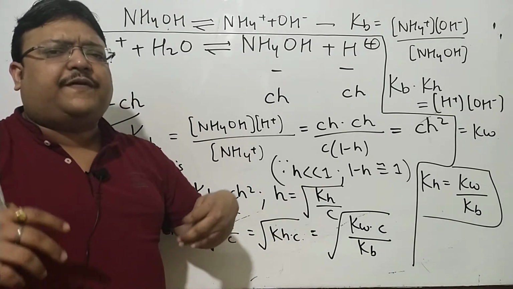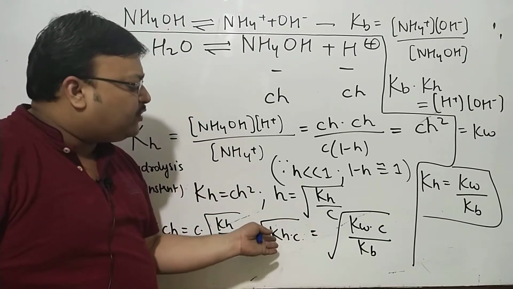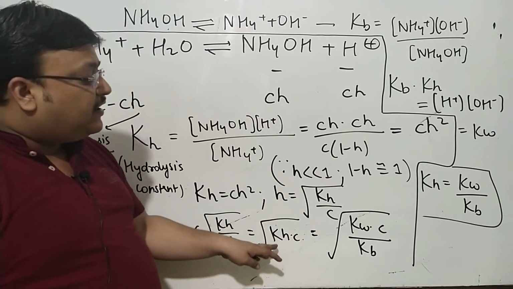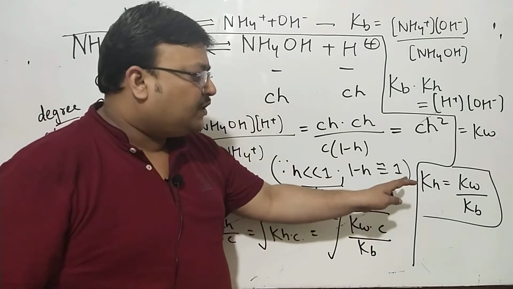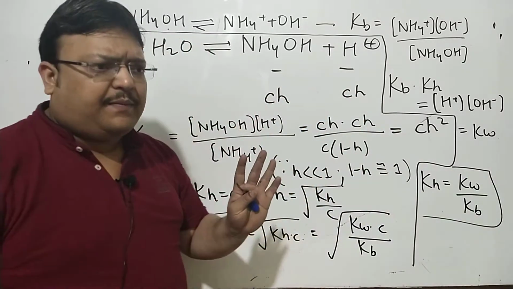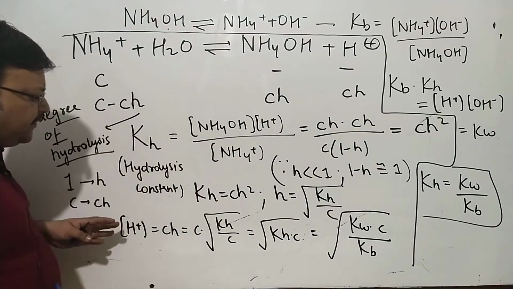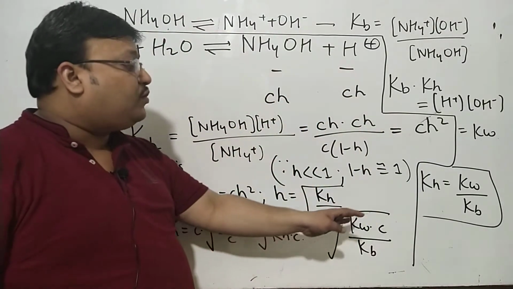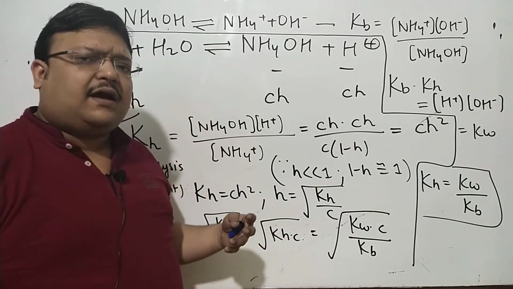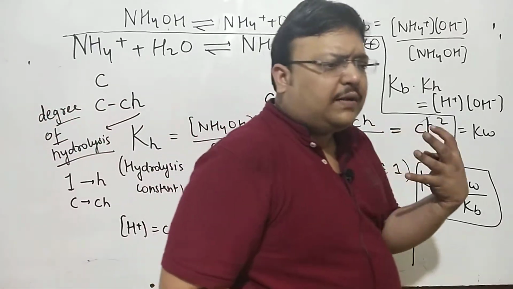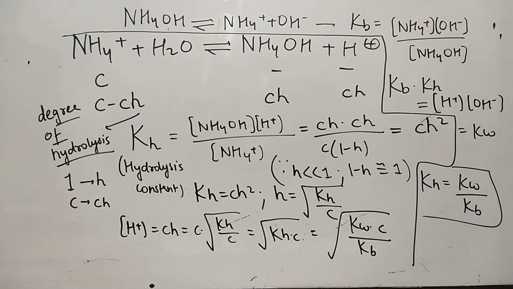So why, for different salts, produce another set of Kh values? I can relate Kh with Kb using a popular constant Kw. So you will want to be comfortable with H plus is equal to root of Kw into C by Kb, and then a couple of steps and we'll be able to calculate the pH of the solution. But yet again, before that, you will want to copy down everything.